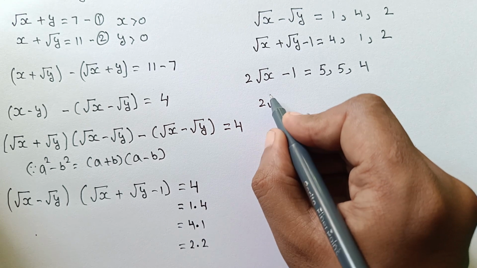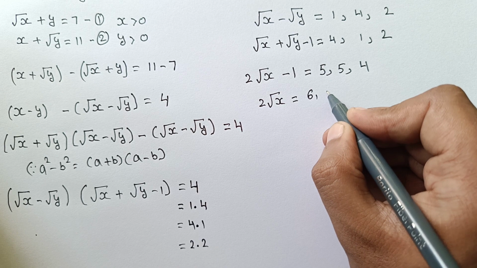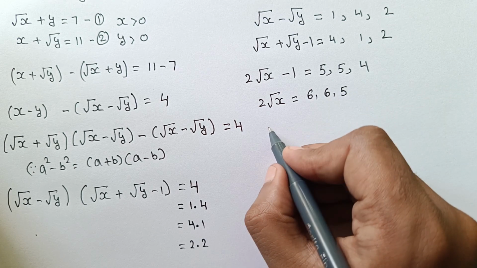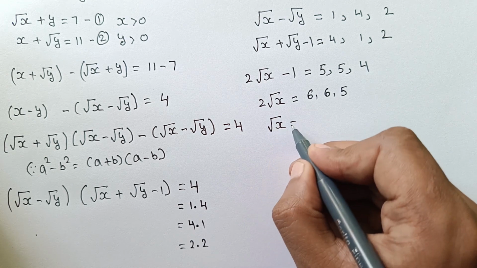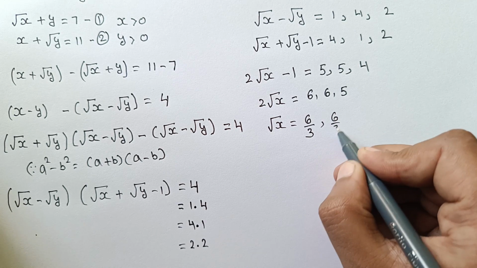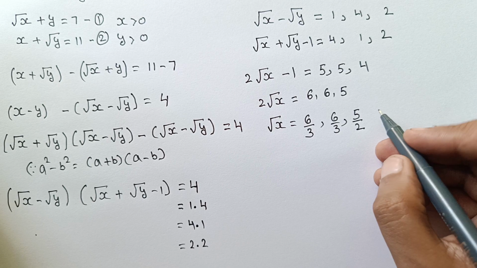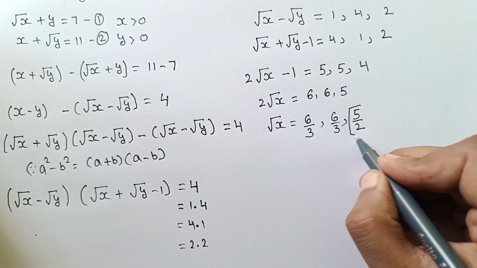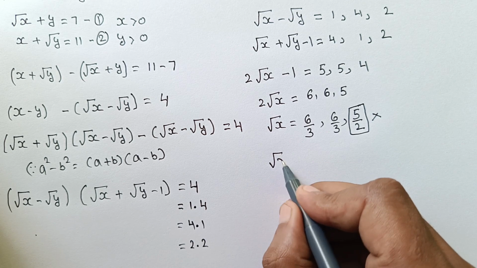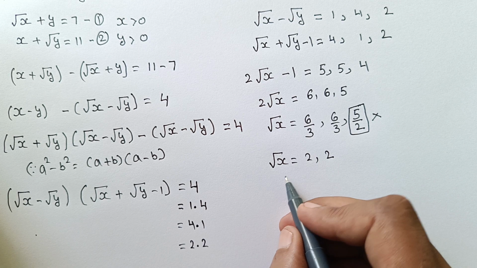So the values of 2 root x come out to be 6, 6 and 5. So root x can be 6 by 2, 6 by 2 and 5 by 2. Here we need only integral solutions, so we can reject 5 by 2.